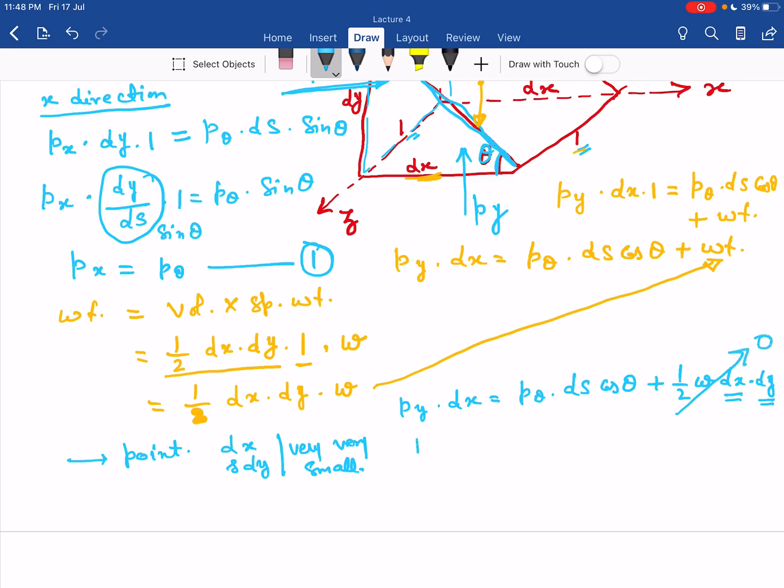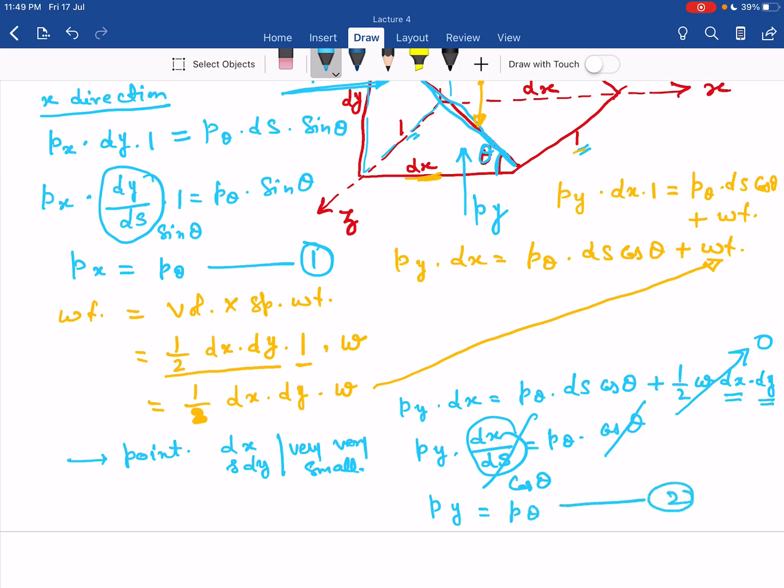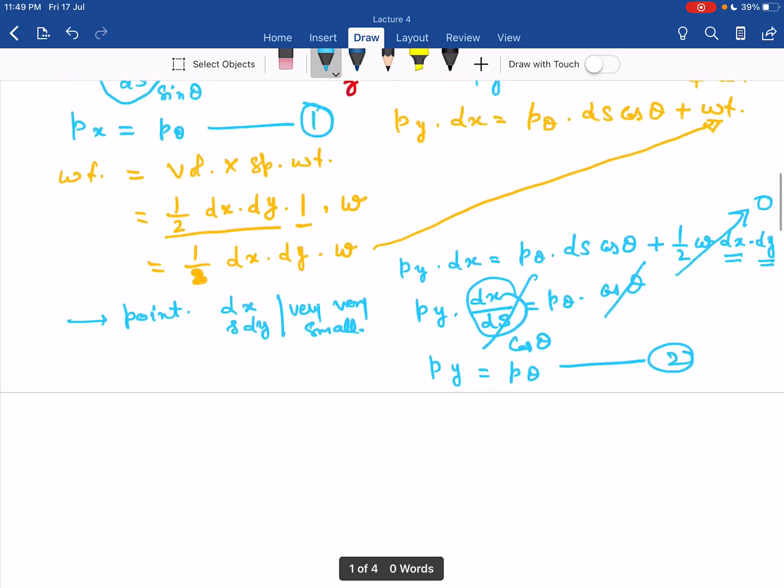Now we are left with Py into dx upon ds equal to P theta into cos theta. So this becomes cos theta, these two terms cancel out and we are left with Py equal to P theta, that is equation number 2. So from equation number 1 and equation number 2 you can write Px equal to Py equal to P theta.